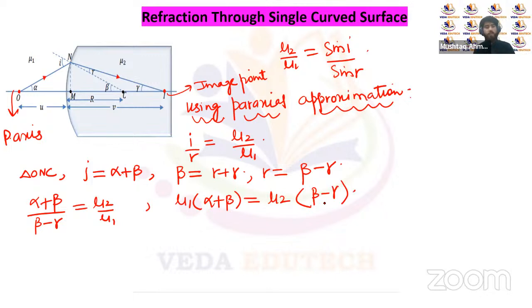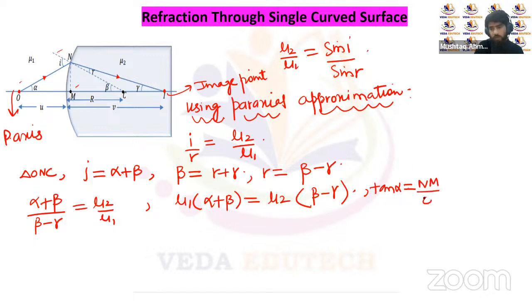Now, once again, we can use the paraxial approximation to calculate these angles alpha, beta, and gamma. You can see in this triangle O, N, M, this is a right angle triangle, right angled at M. We can use tan of alpha. So tan of alpha will be equal to NM upon OM.